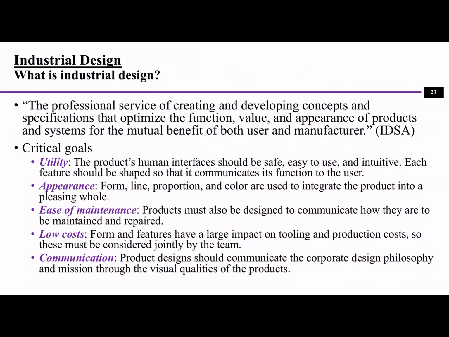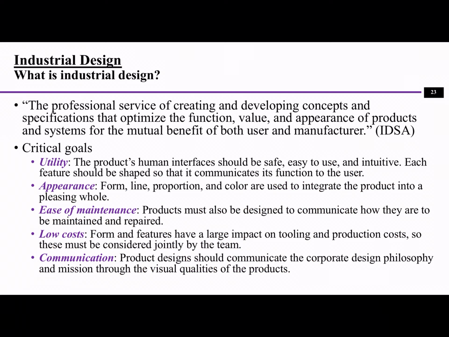Well, next, after you come up with the concept and have this kind of product architecture, we can do some industrial design. So industrial design is a professional service of creating and developing concepts and specifications that optimize the function, value, and appearance of products and systems for mutual benefit of both users and manufacturer.